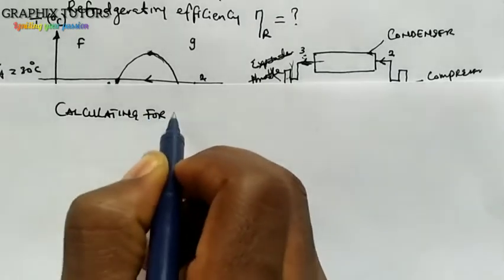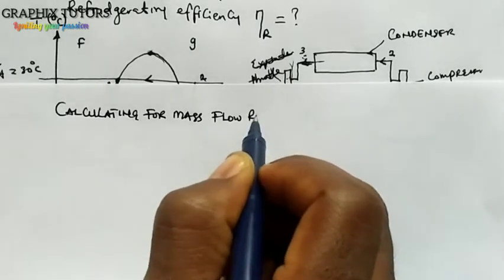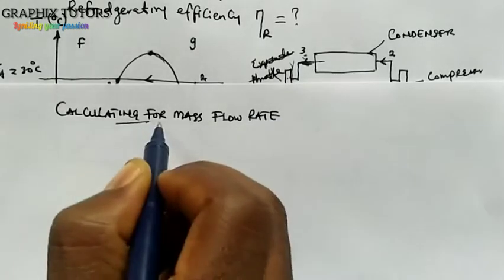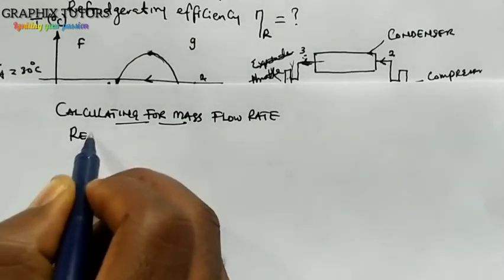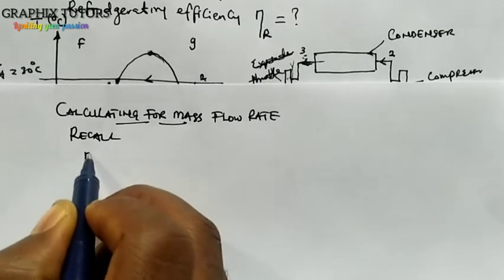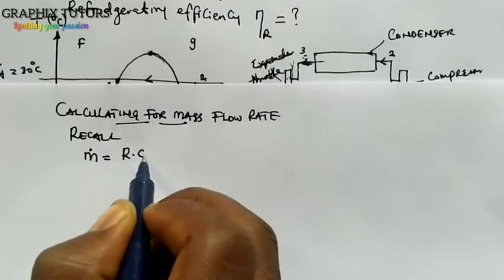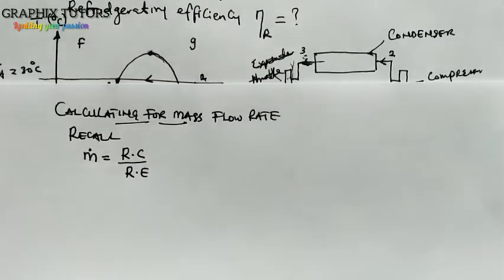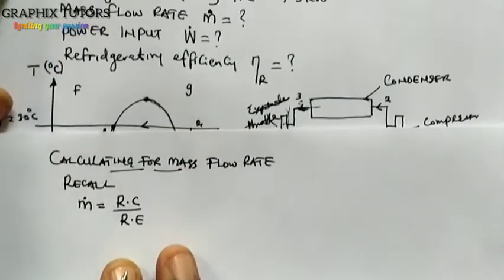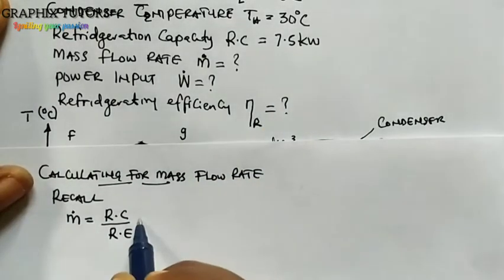We know that, recall, my mass flow rate is equal to what? Refrigeration capacity over the refrigeration effect. From our parameters here, we say that the refrigeration capacity is what? 7.5 kilowatts. So I'll say this is equal to what?